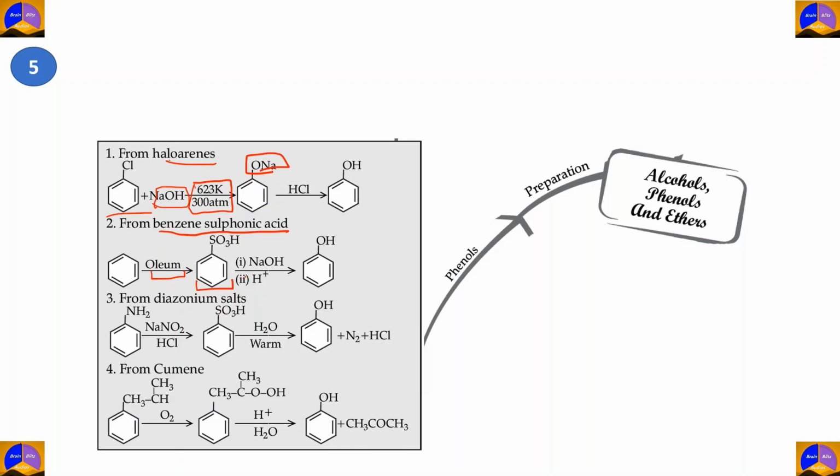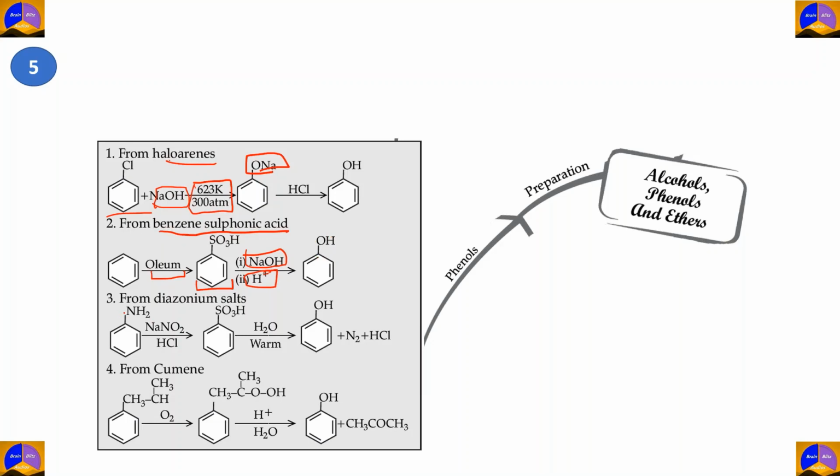Now, it is converted to sodium phenoxide using NaOH. And when you get a sodium phenoxide, it's further acidified with H+. So both of these reactions are clubbed up here. So then you get a phenol, which is an alcoholic functional group with an aromatic compound.